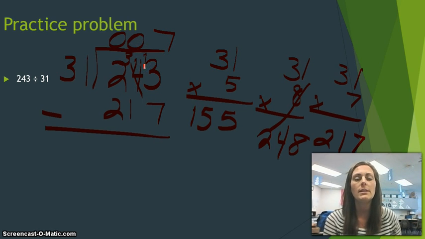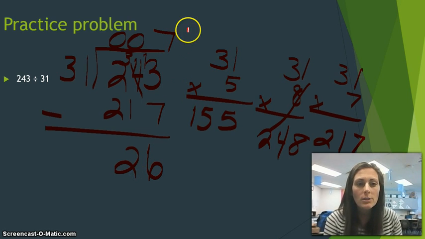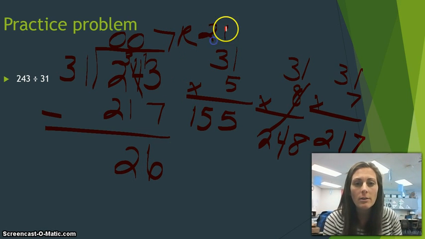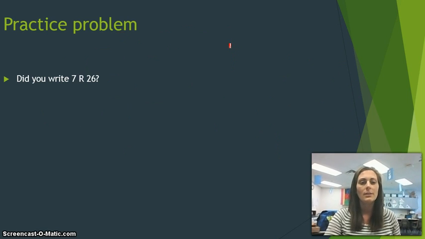So 13 minus 7 is 6. 3 minus 1 is 2. So I have 7 remainder of 26. And 7 remainder of 26 is the correct answer.